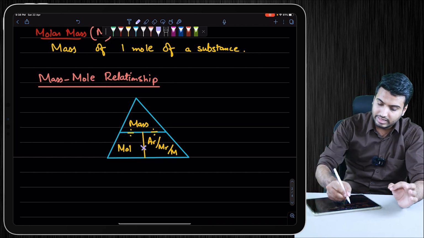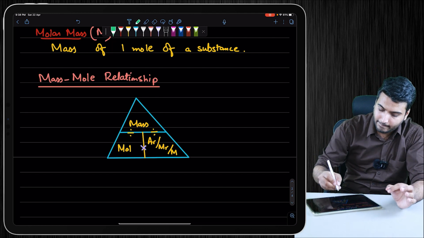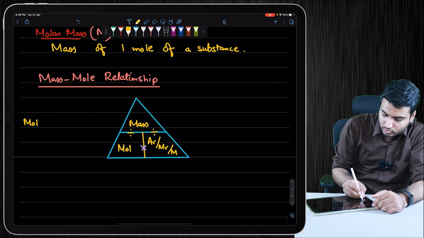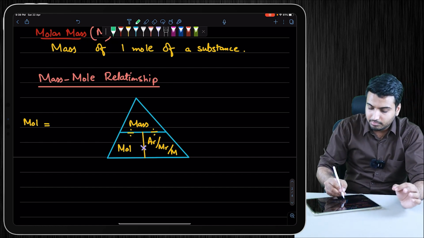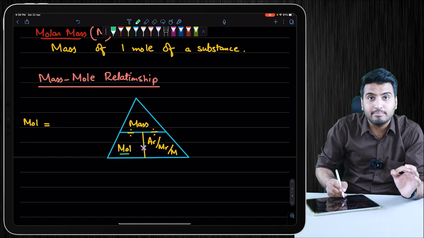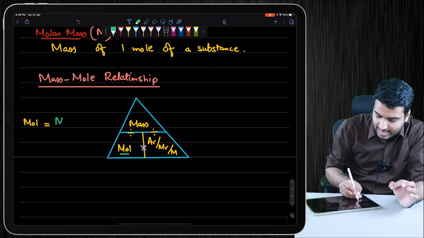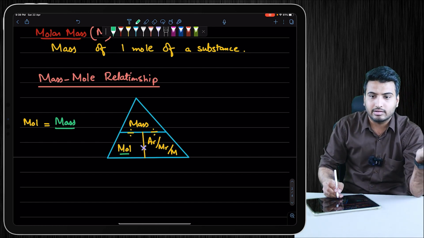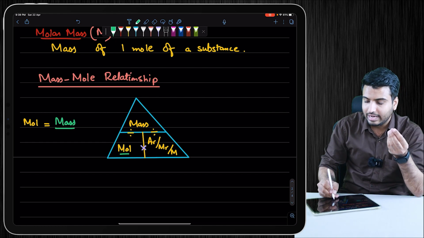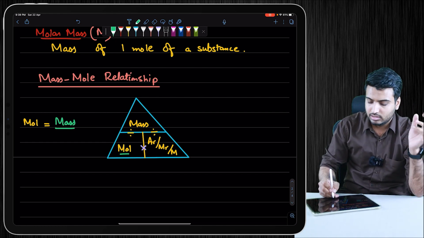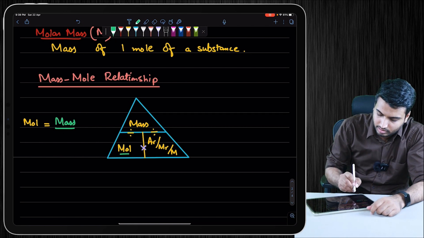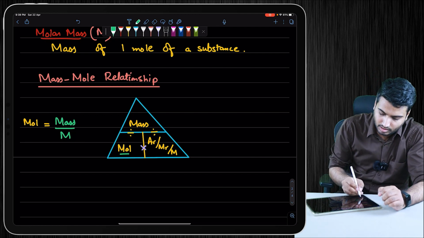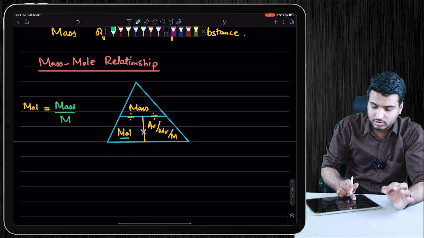So if we need to find moles, mole is simply mass divided by, if it is a single atom, we can write atomic mass or molar mass. It's up to us. So mass divided by molar mass is the formula for finding moles.